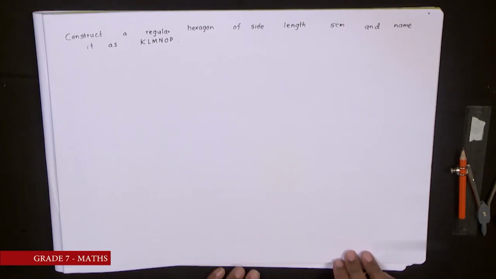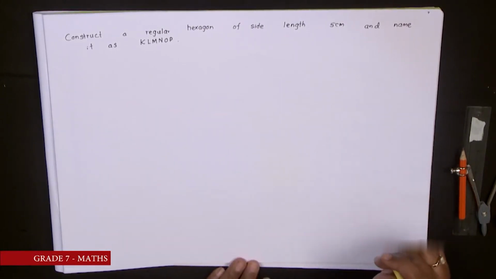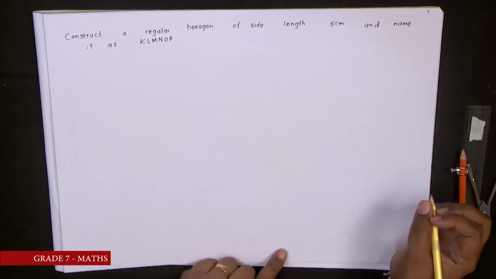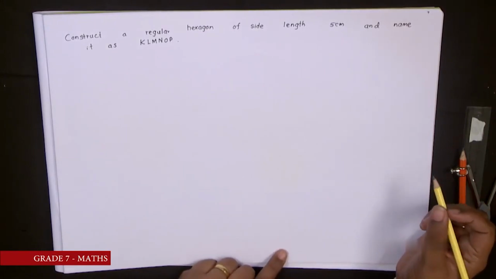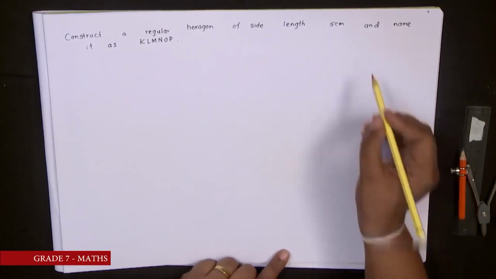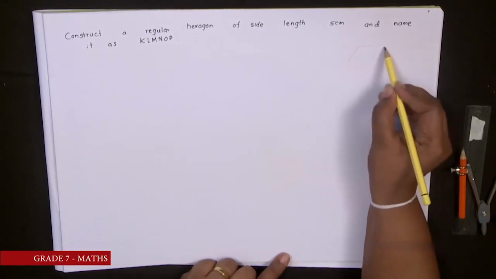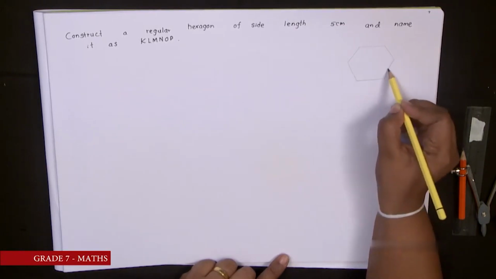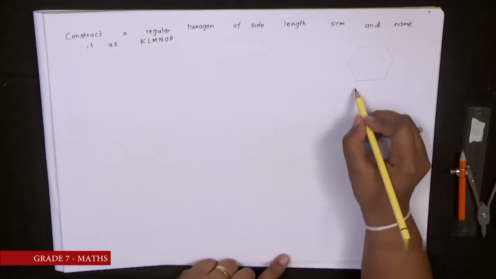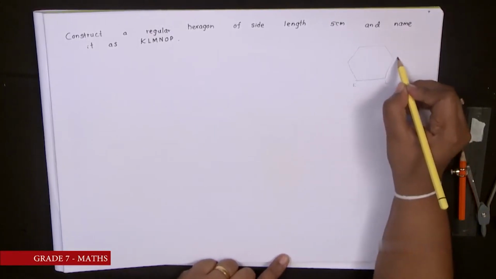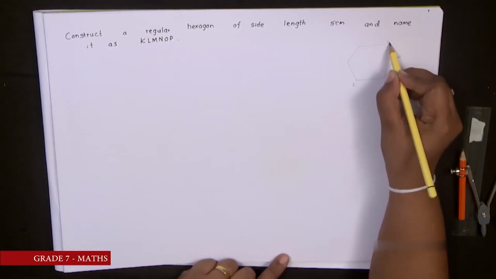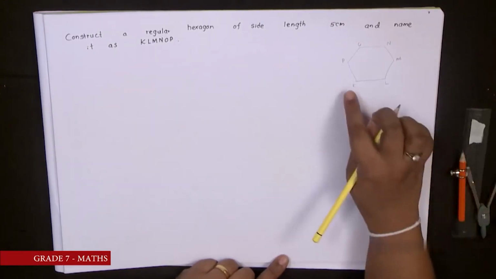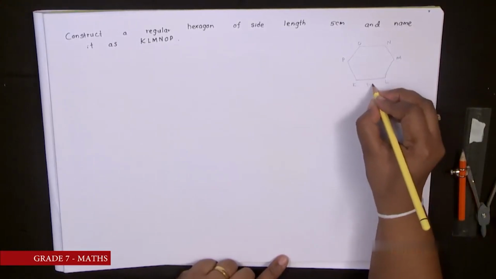Now we are going to construct it by means of equilateral triangles. So first of all, I'll draw the rough sketch of the figure that we are going to construct. It is a regular hexagon. Now, the name of it is KLMNOP and the length of a side is 5 centimeters.